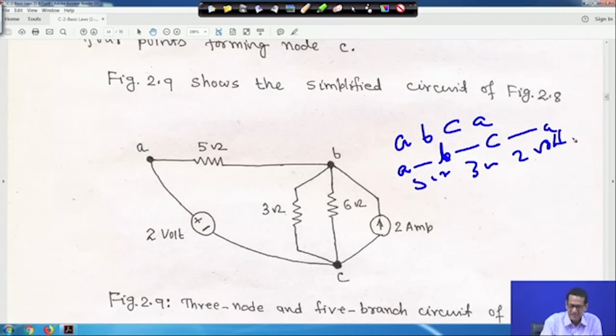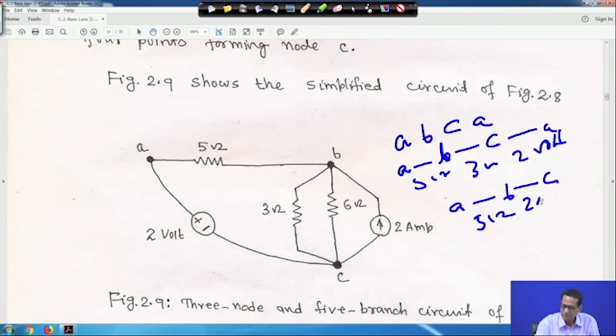Another one I can take again A B C A, say A to B that is 5 ohm, then B to C that is the 2 ampere current source, and then C to A again the 2 volt. If you look into that, you will find that at least one branch is not common to others, but one more independent loop is there.